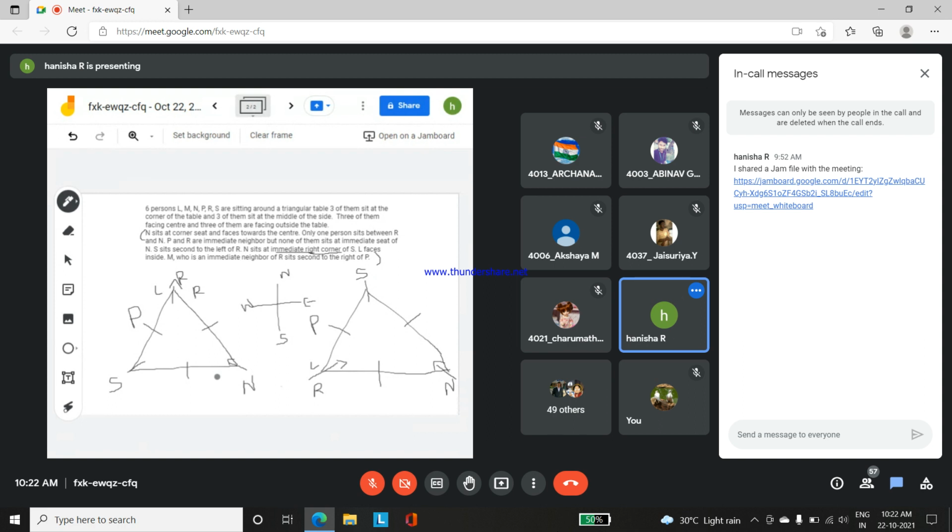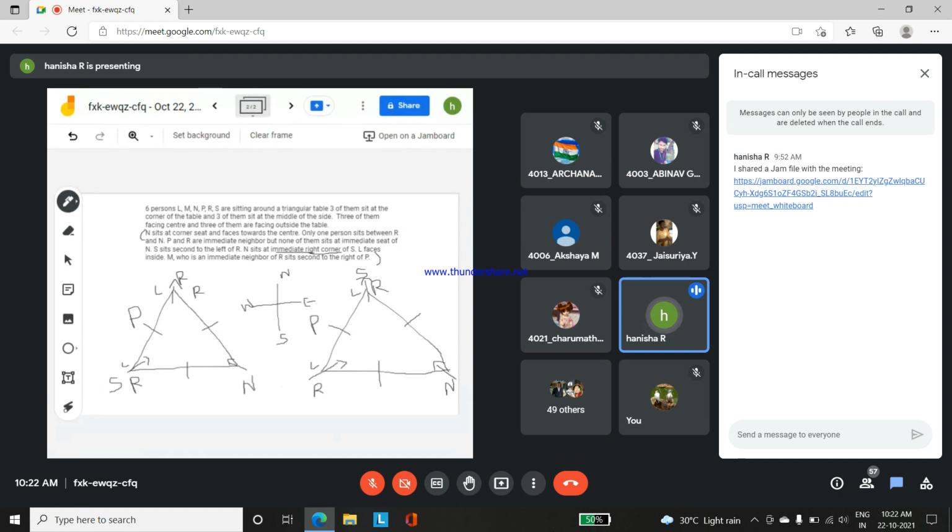If this should be the right hand side, S has to look towards the center. Only if S looks towards the center, this will be your left and this will be your right. So the immediate right corner you have N. Similarly, if S is looking away from the center here, this will be your left and this will be your right. So the immediate right corner of S you have N. The clue has become true, and now we have got the direction of S here.